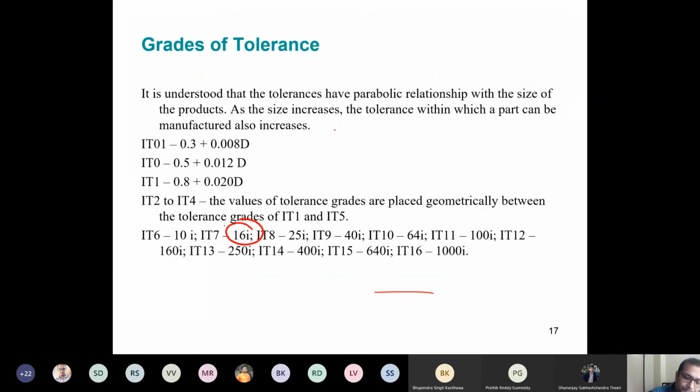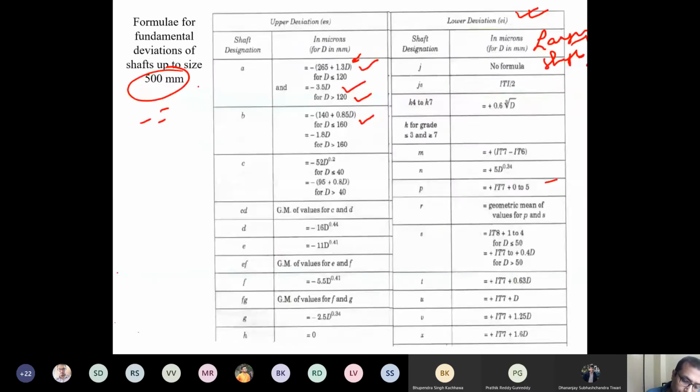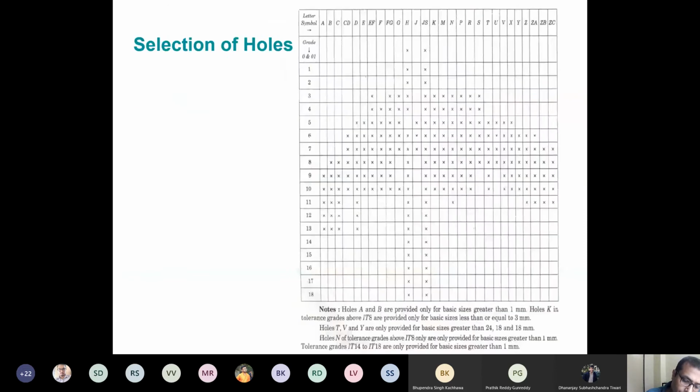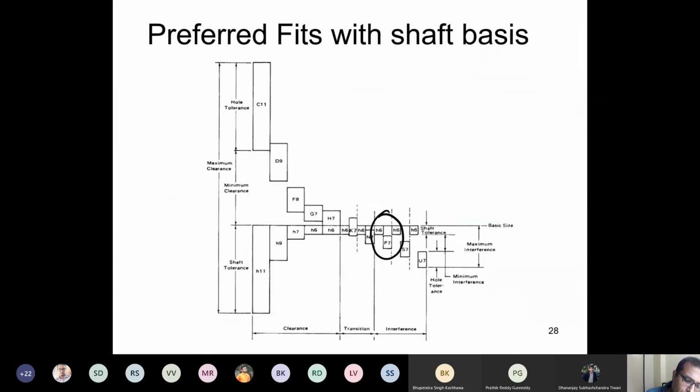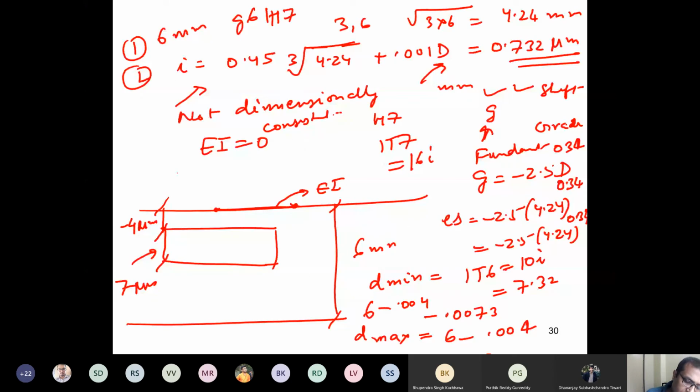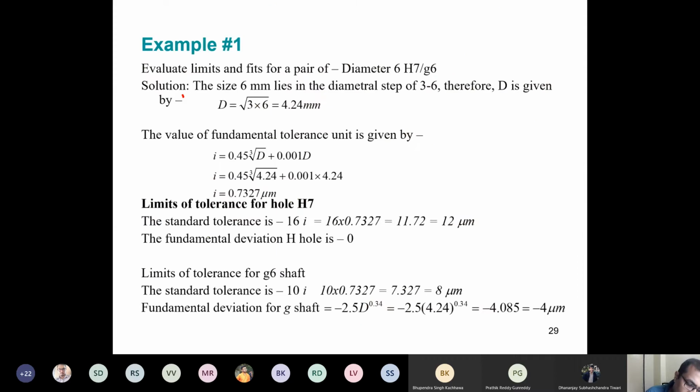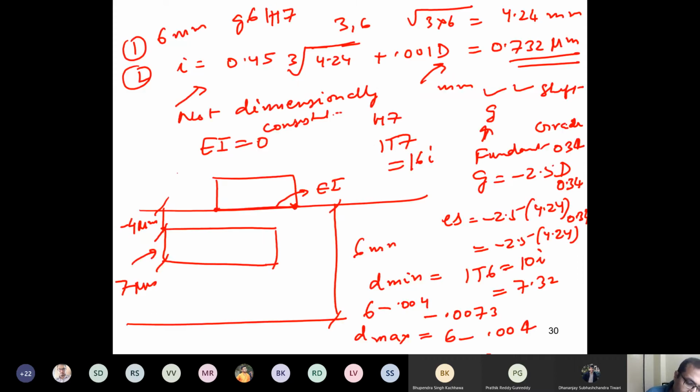IT7 is 16i. So 16 into 0.732 is 12 microns.